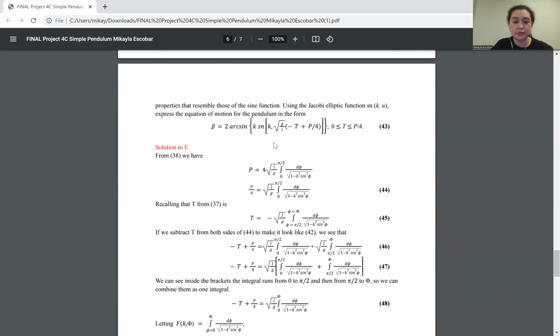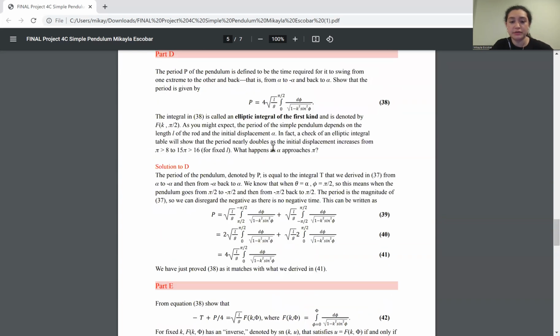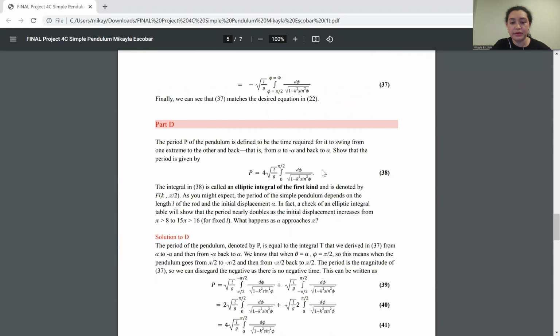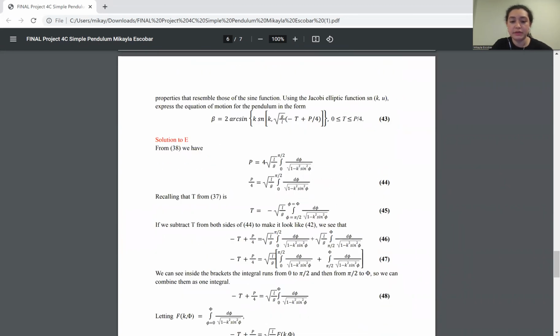Now, to start, we're going to go back to equation 38, which was this period equation. We're simply going to divide by 4 on both sides, leaving us with this. And we know the equation for T from equation 37, it was this one right here. If you subtract T from both sides of this equation, you'll be left with negative T plus P over 4.